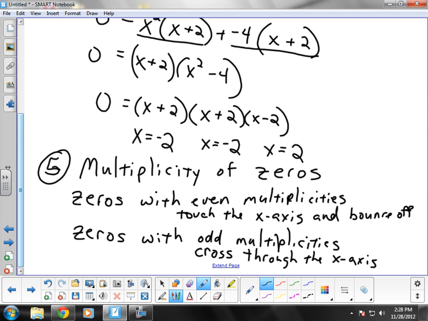That's an important idea because it gives me an idea of the shape of the graph. So what this says to me is that at x equals -2, I'm going to bounce off the x-axis, but when x is +2, I'm actually going to pass through it. Everybody understand? Okay.